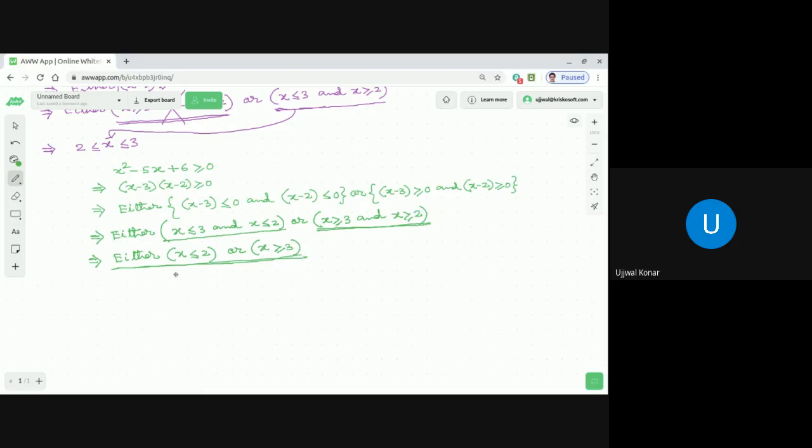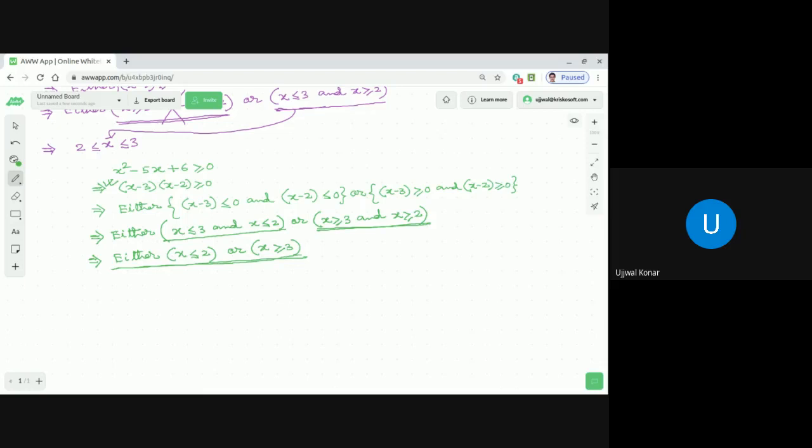That means when you have the product of two numbers, x minus 3 into x minus 2, and you look into it very minutely, x minus 3 into x minus 2 is greater than or equal to 0. That means either x is greater than or equal to the maximum between 2 and 3, that is 3, or x is less than or equal to the minimum between 2 and 3, that is 2. Correct or not?